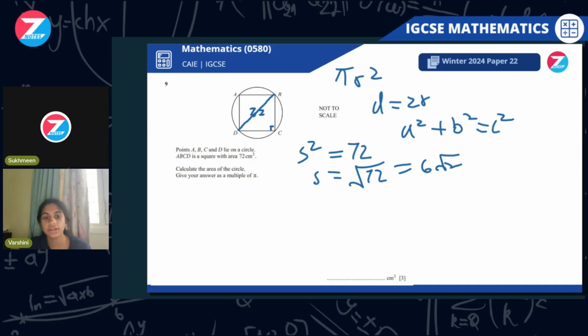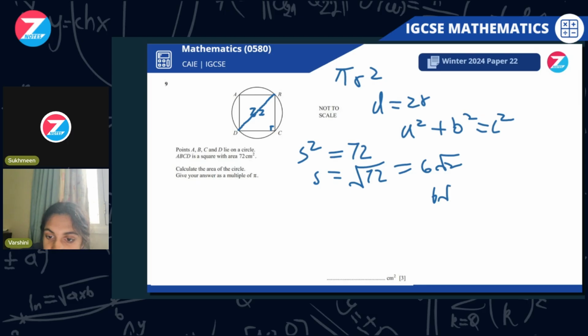Okay, so we know now that each side is 6 root 2, and to find the diagonal over here, we're going to have to find this side squared plus this side squared and root of that to get us this diagonal. And then when we divide that by half, we're going to get the radius of the circle. So first we're going to put this into this formula.